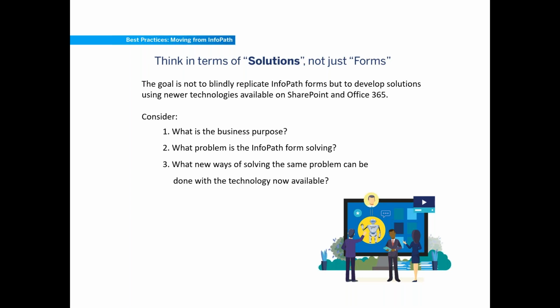So, what is the solution that the form is producing, and how do we do it in a way that is adapted to modern technologies that could be better, more efficient, or easier for people to use, maybe more intuitive, or have bigger, brighter buttons that kick off workflows that automate the process more? So that's one thing to consider, not just, oh, it looks like this, it has to be like that. What can we do differently and better?